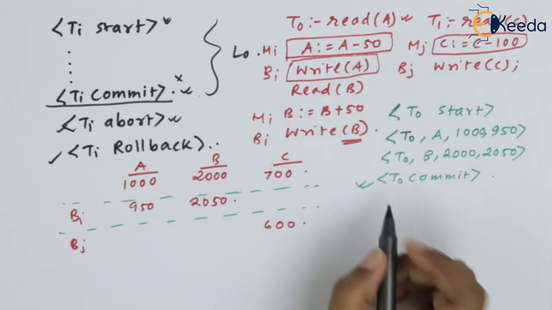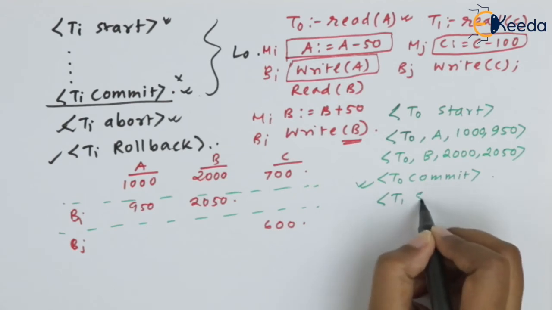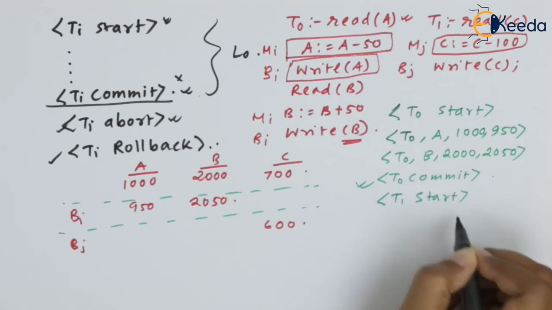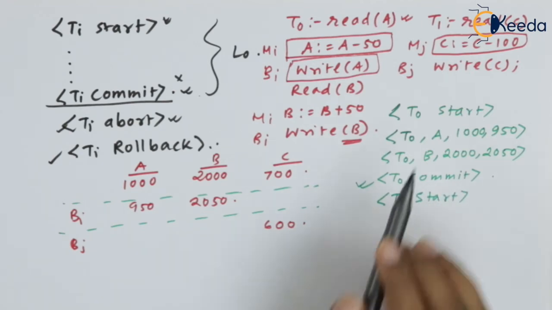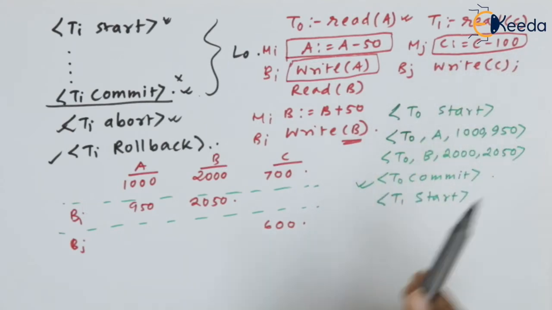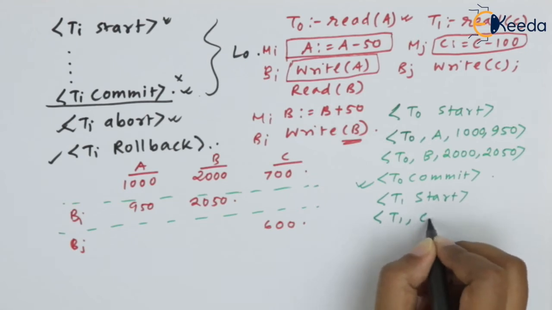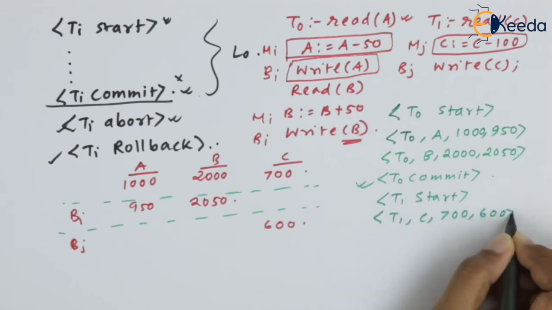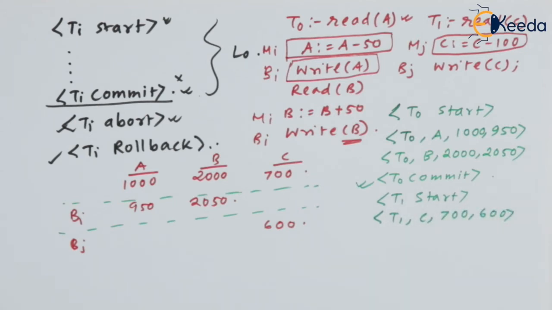Now we are having T1 starting its execution, then updating the value with T1, that is C equals 100 minus deducted to it. Finally, we are committing with T1.